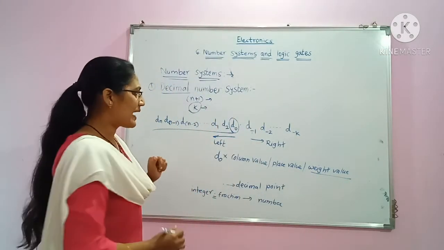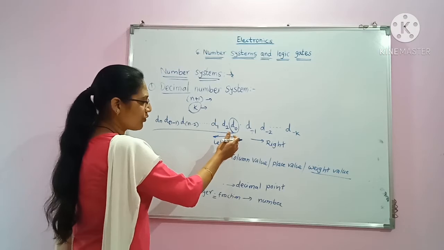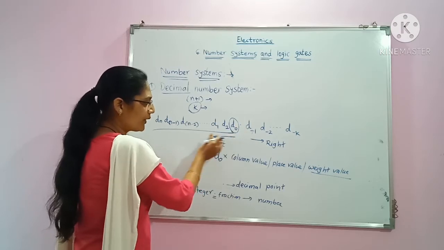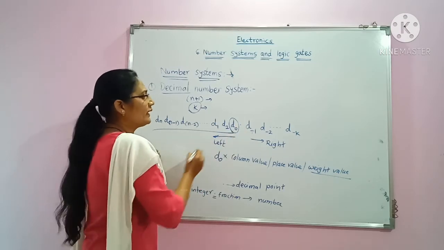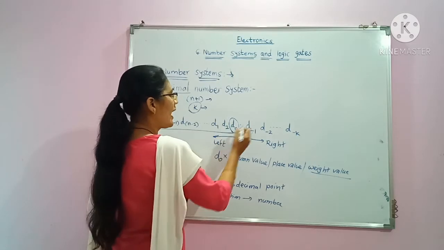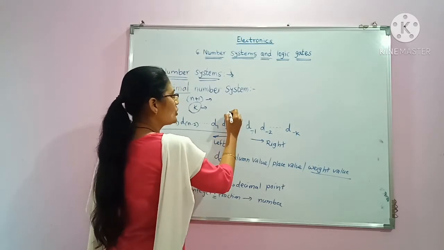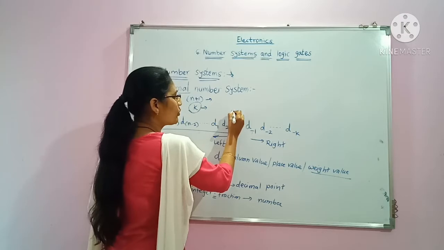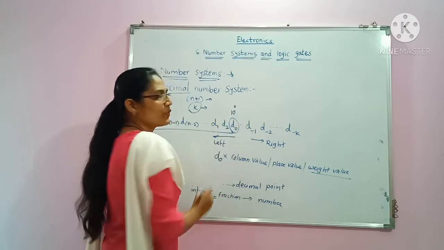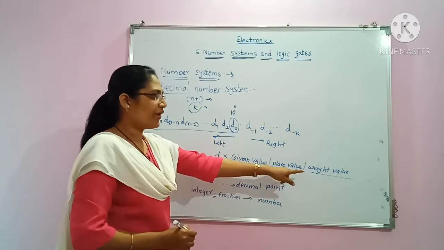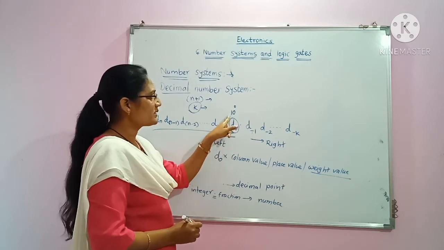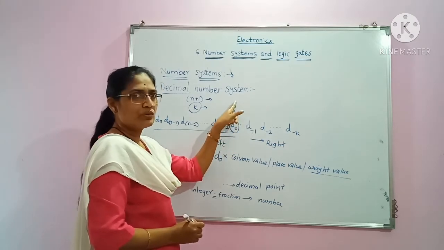The rule is that as we move from the decimal point towards the left, as its base is 10, its value comes out as 10 raised to 0. So the weight of this digit is 10 raised to 0.